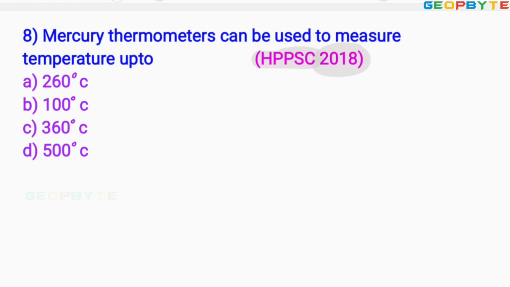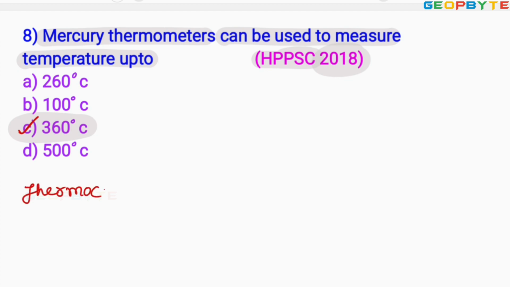The problem is, mercury thermometers can be used to measure the temperature up to 360 degrees centigrade. The mercury thermometer is generally used for measuring the temperature up to 360 degrees centigrade, and thermocouples are generally used for measuring very high temperatures. Let me write that point.